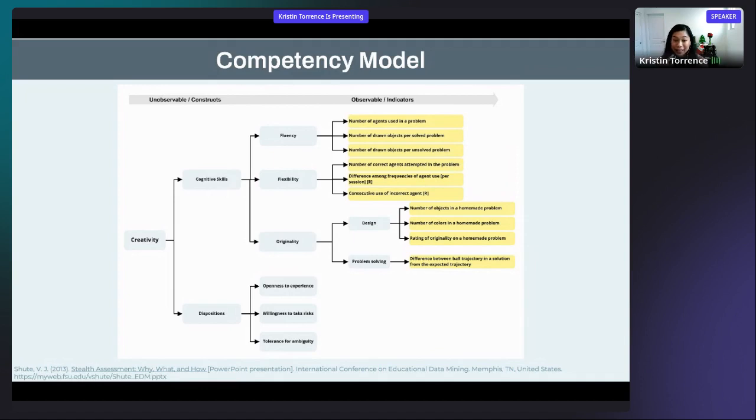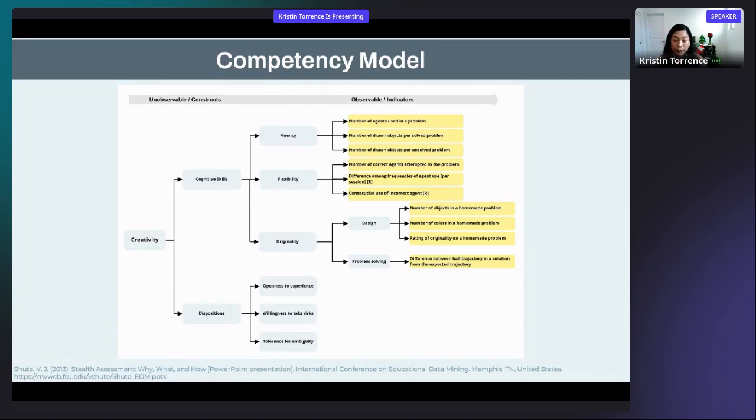And because these are all connected, knowing the probability that cognitive skills is at a certain level, we can then infer the probability of dispositions and its subconstructs to be at a certain level too, using Bayes' theorem, which is calculating the value of disposition given what we know to be true about the probability of cognitive skills.